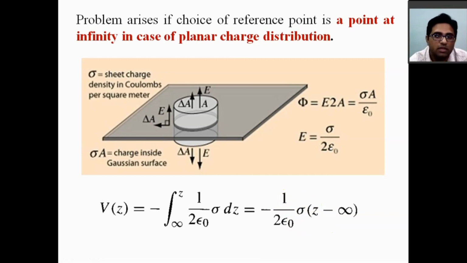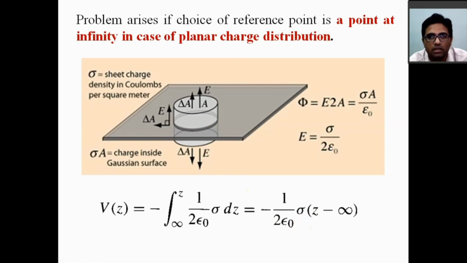So what is the remedy? The remedy is simply to choose some other reference point. As I said, you can choose the reference point in your own way where the potential is 0. Here, on this surface the potential is 0, because the potential is proportional to sigma z, and if you put z equal to 0, the potential will be 0.